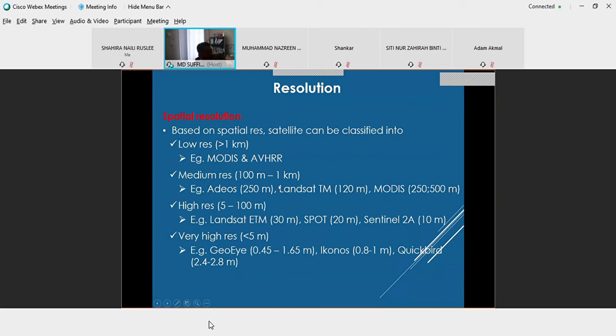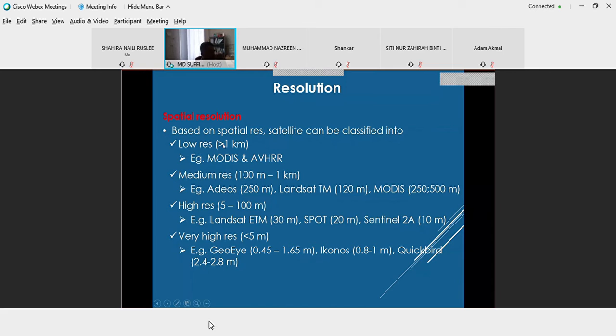Spatial means space. Based on spatial resolution, satellites can be classified. Low resolution means large pixel size, more than 1 kilometer. Especially for ocean applications, we do not use high resolution, because changes in the ocean usually happen over large areas.